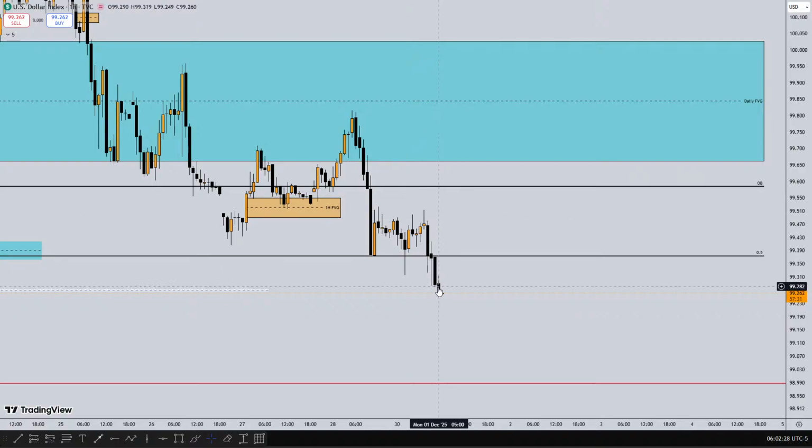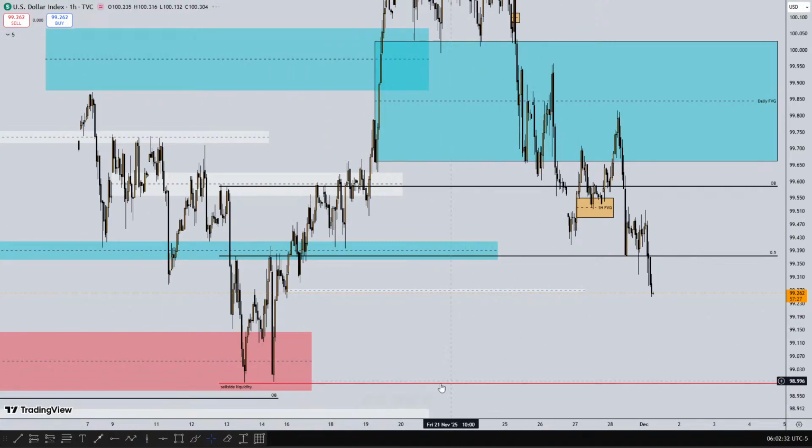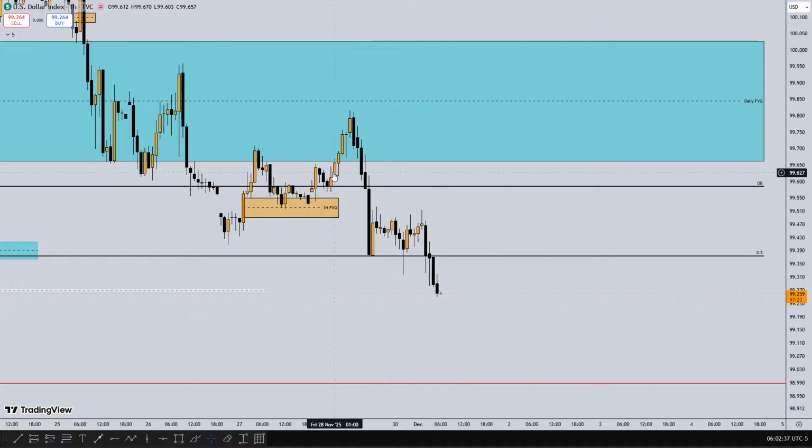That I will be anticipating lower prices for price to trade to the sell side liquidity. So a 1 hour downtrend, lower prices for price to run the sell side liquidity, is what I will be expecting and anticipating in price, a complete run on the sell side liquidity.